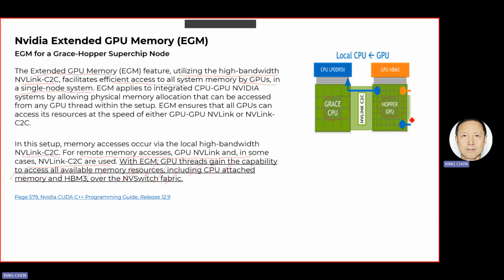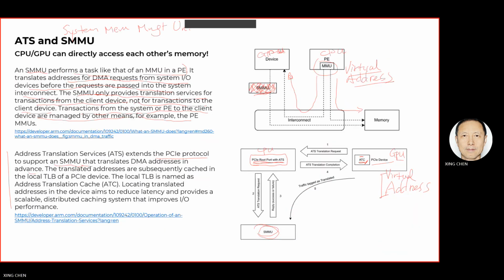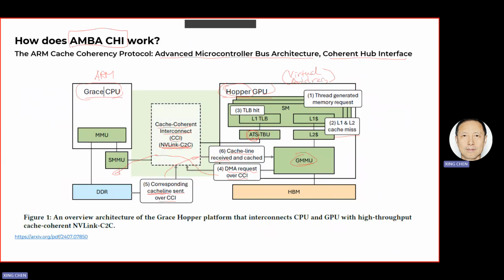But here is basically what is being said about this EGM feature of the GPU. Normally the GPU, we come back to this picture. Now, the GMMU, that's the GPU memory management unit. Basically, it should manage this memory.